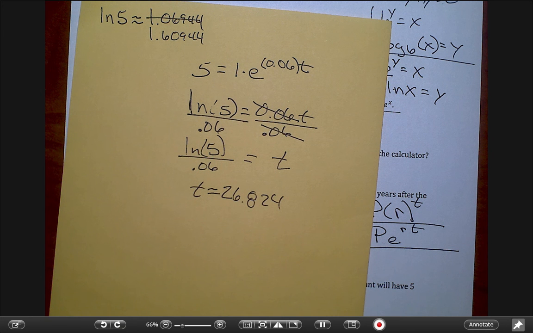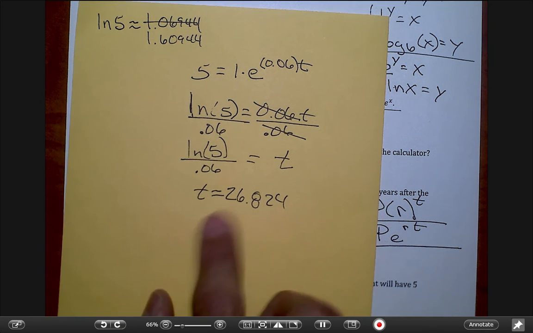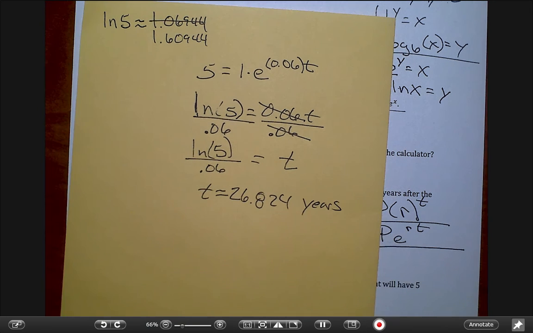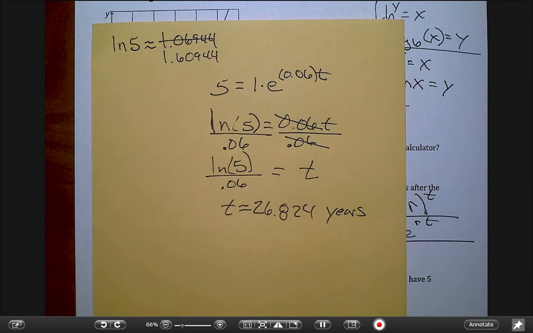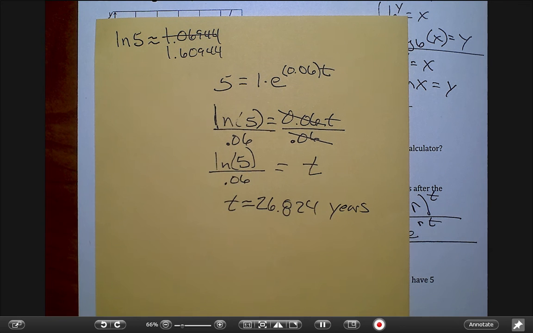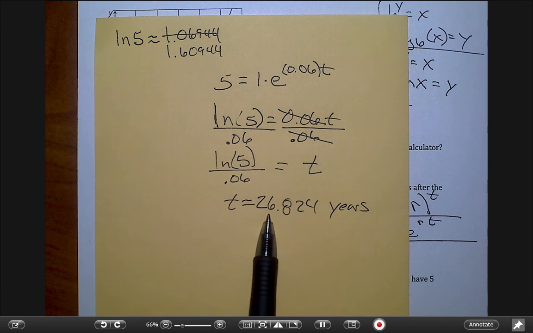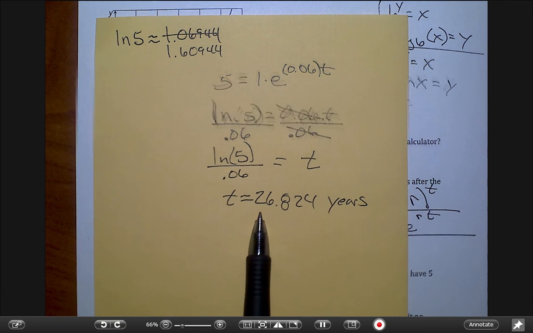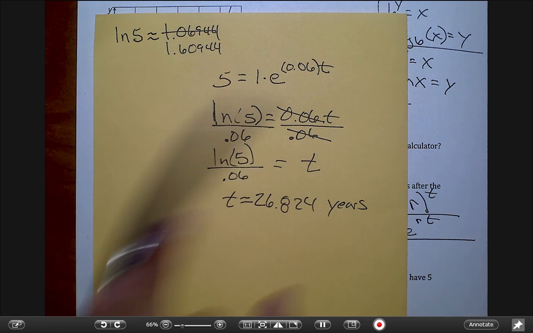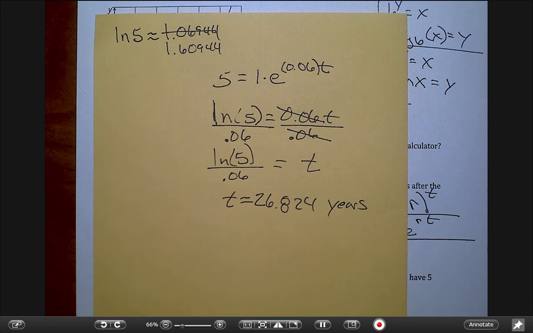Okay. All right, so this is going to be in years. So, do you think these are the same? They're not the same, are they? So this says, according to my problem, look back into my problem. What is this actually going to mean?